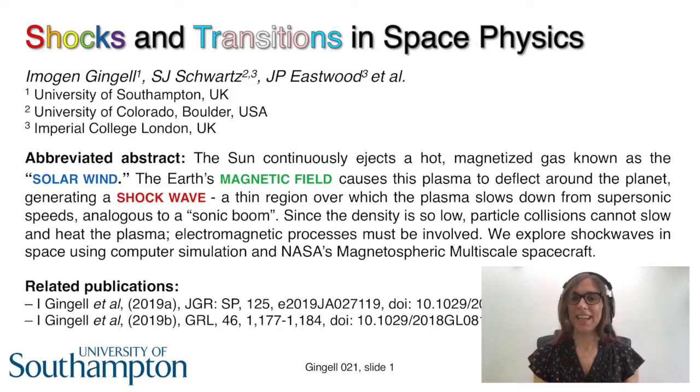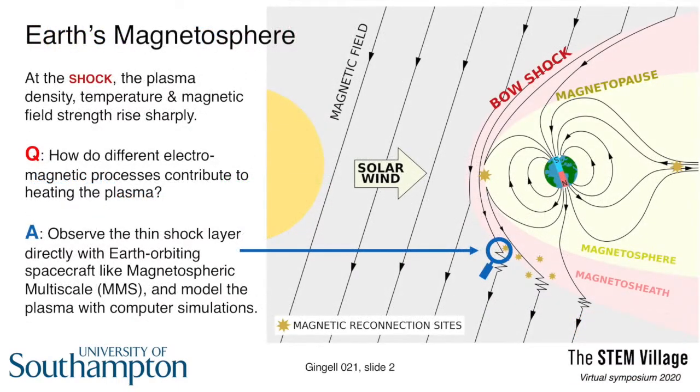So let's start with a look at the magnetosphere, our local environment. On the right here is a diagram of Earth's magnetosphere. That's the region of space dominated by Earth's magnetic field, which forms a cavity against the inflowing solar wind.